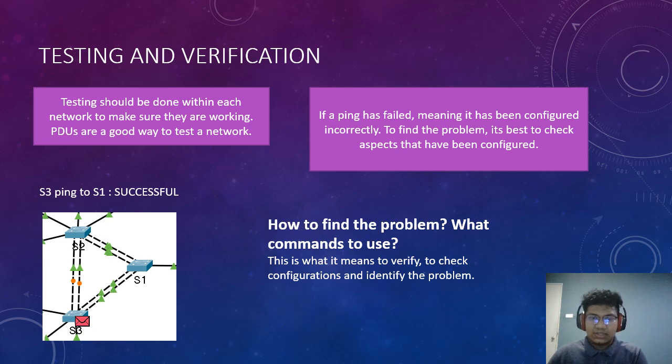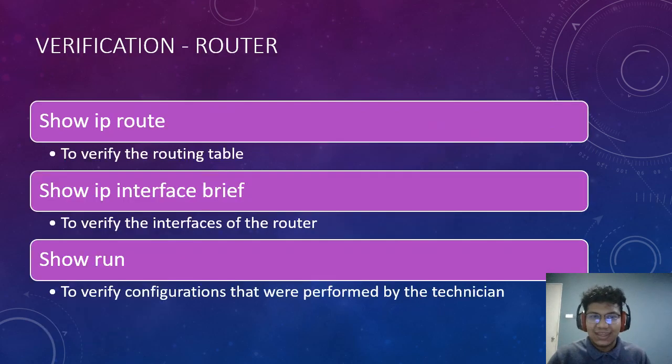Now, how do we find the problem? What are the commands? Let's see the commands. This is where verification comes into play. These are some of the commands I use to verify the connections in a router. Show ip route verifies the routing table, so what device is connected to what interface in a router.